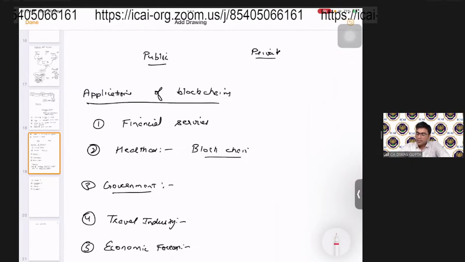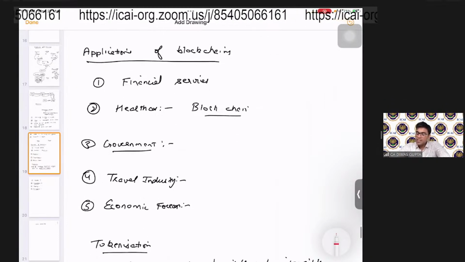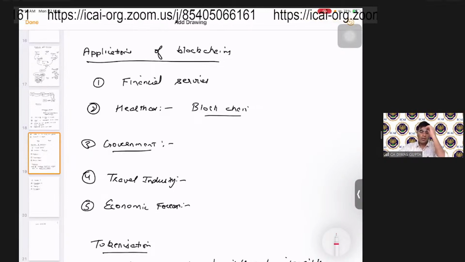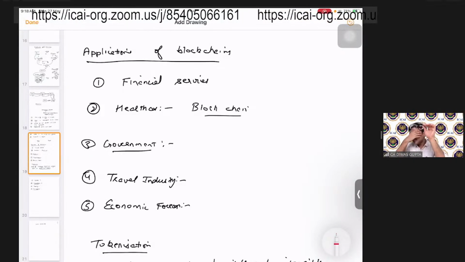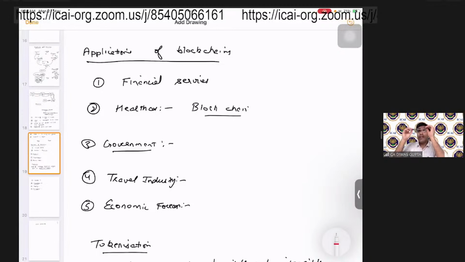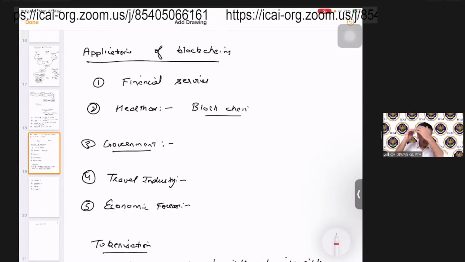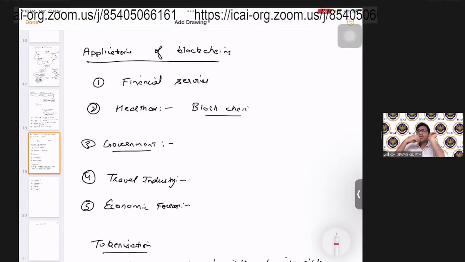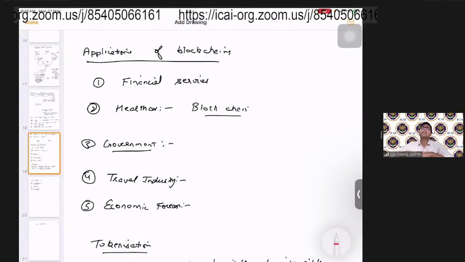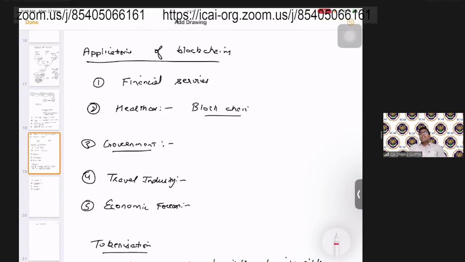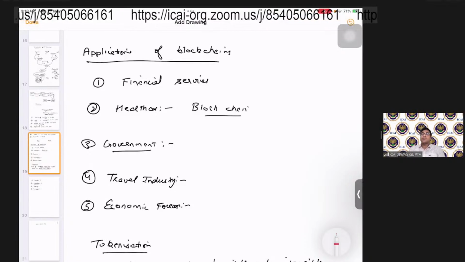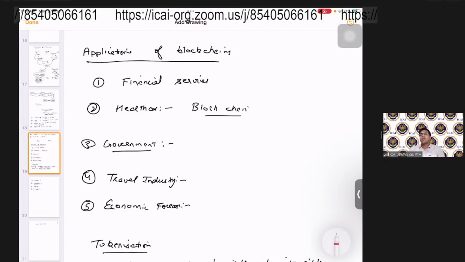Then there is something to know around the applications of blockchain, where all it can be used, students. So let's talk about financial services, wherein we have lots and lots of data, and that data is linked in the form of, let's say, credit cards, in the form of loans, right? So all that can be stored, linked, blocked, used from the blockchain perspective.